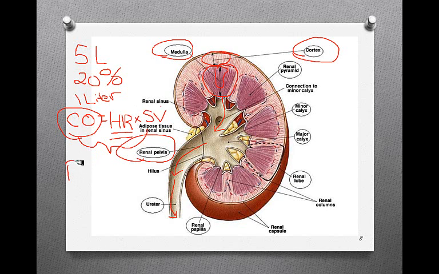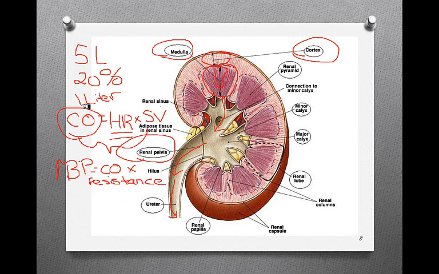Your blood pressure is simply your cardiac output times the resistance in your arteries. That's why when you have arteriosclerosis and your arteries start getting hardened and you get buildup in your arteries, your blood pressure increases. So why does this concern your kidneys?